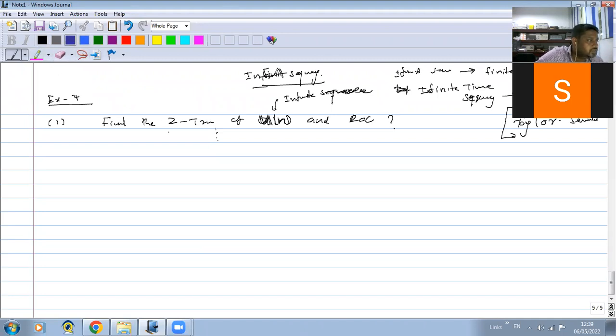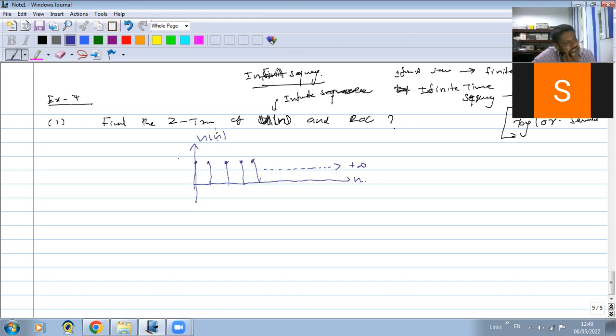So if you draw the unit step function, how does it come? We have this kind of infinite number of impulses. These impulses go up to plus infinity.